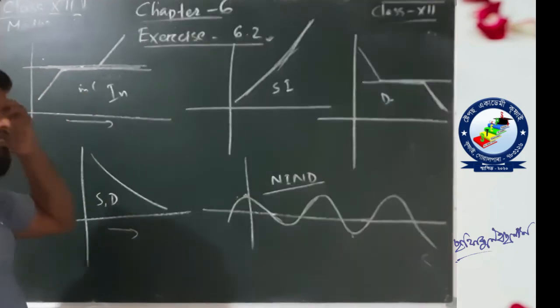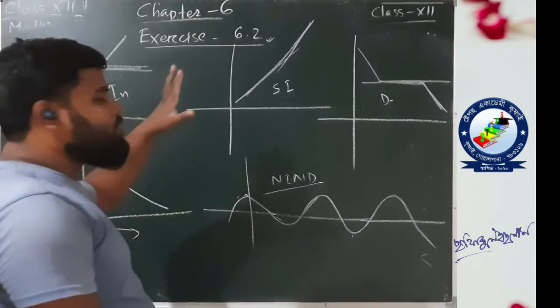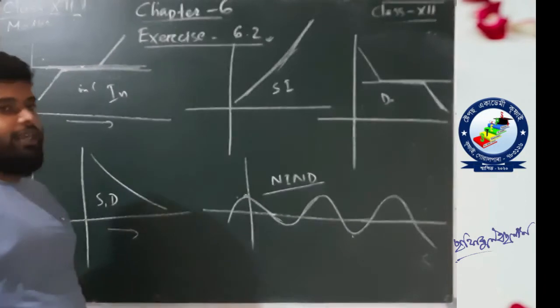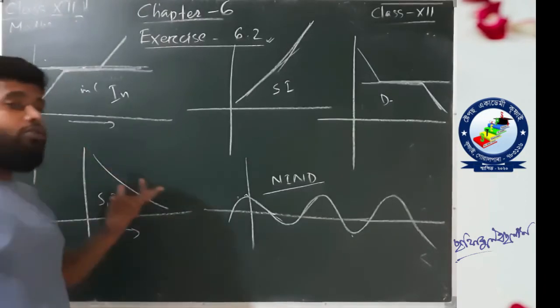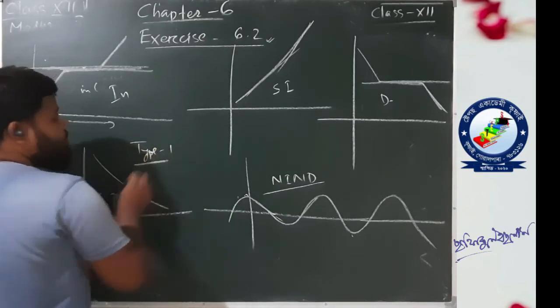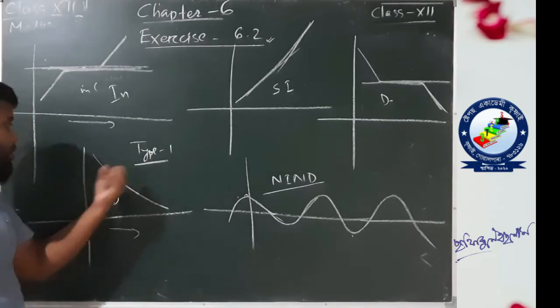So as I told you, moi je tumaloko koisu, only two types of questions are there in this exercise. অকল দুই ধৰণৰ কোশ্চেন আছে, type 1 and type 2 I already told you. Type 1 ত what will be the questions?